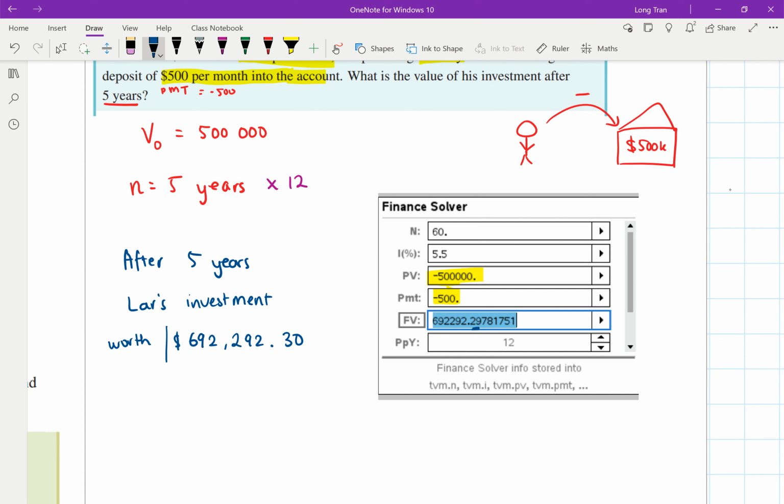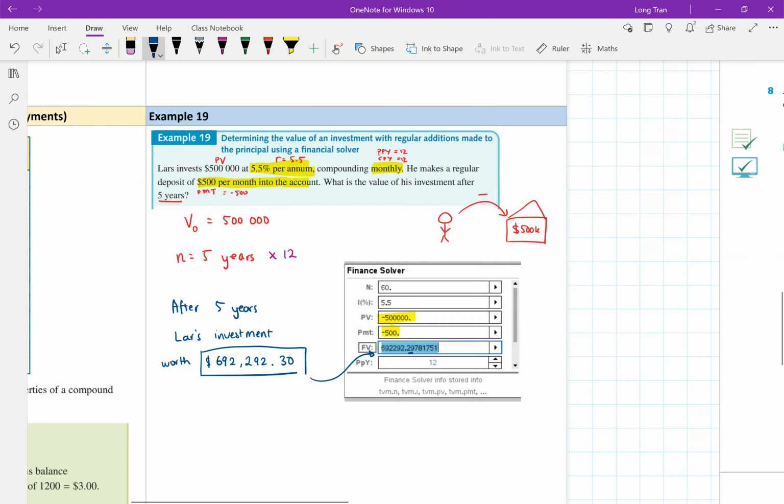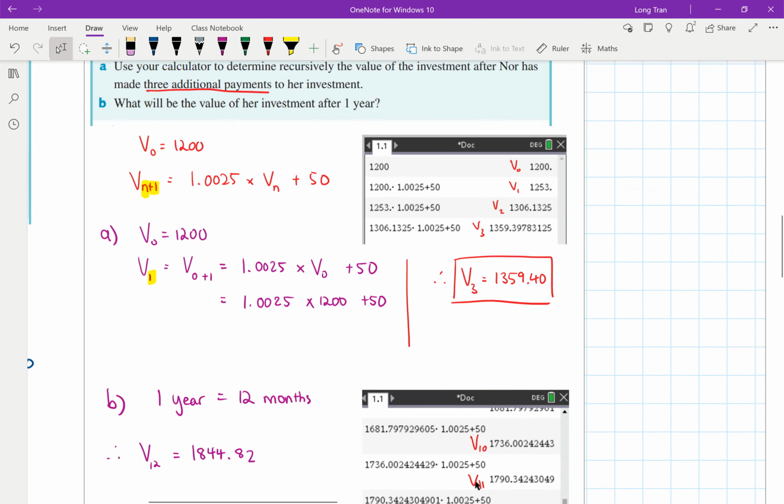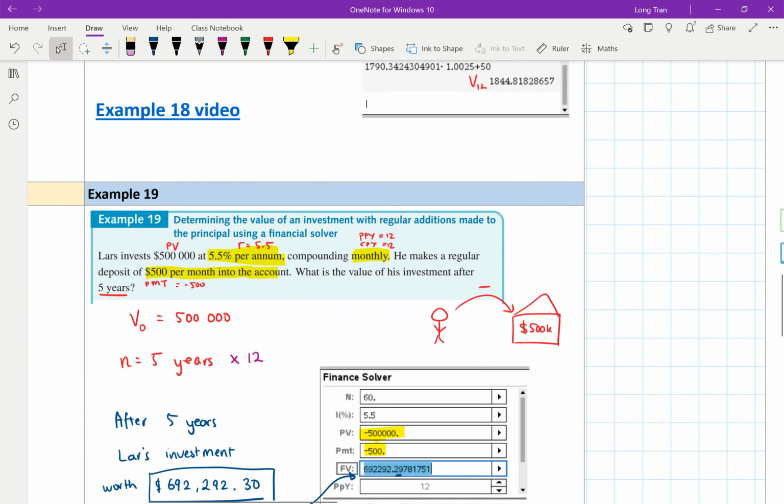That is your answer for the future value after 5 years in this particular example using Finance Solver. And remember, in the previous example, you were doing a recursive formula on your CAS instead.